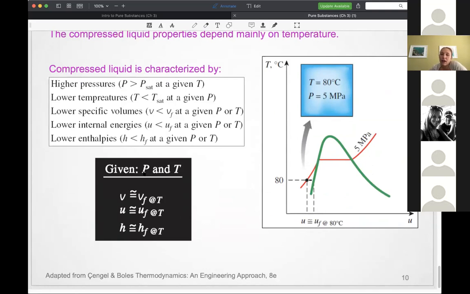For any given pressure and temperature, here's where our specific volume, internal energy, or enthalpy are about equal to or lower than those of the saturated liquid at a given low temperature. So it's close to this saturated liquid region, but typically we're at a lower temperature, possibly a smaller enthalpy, internal energy, or specific volume. All right.